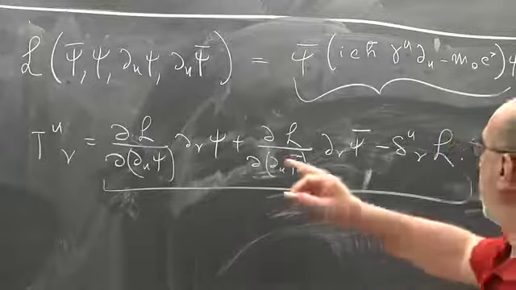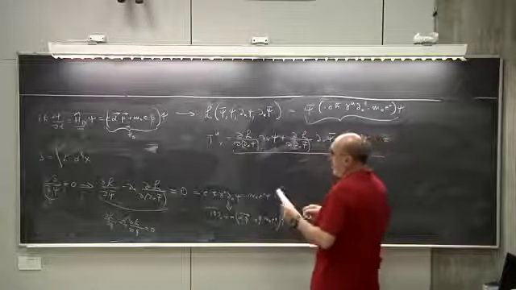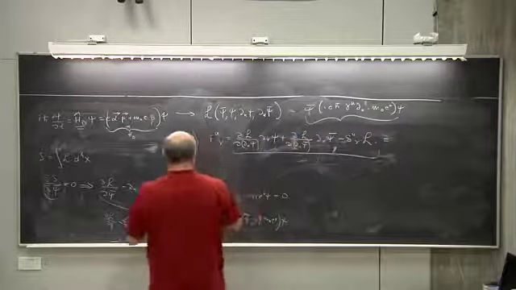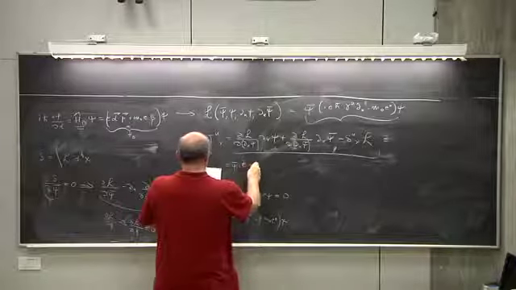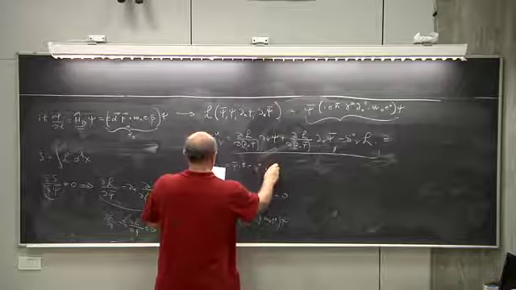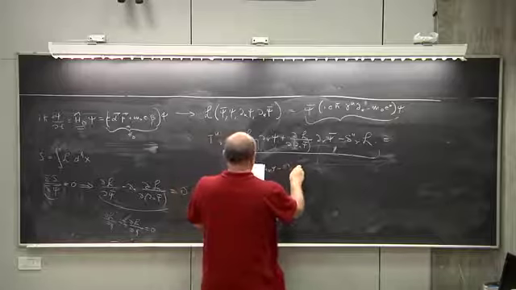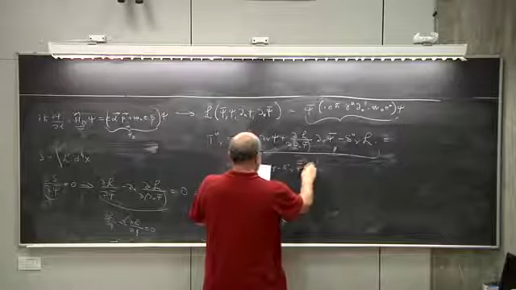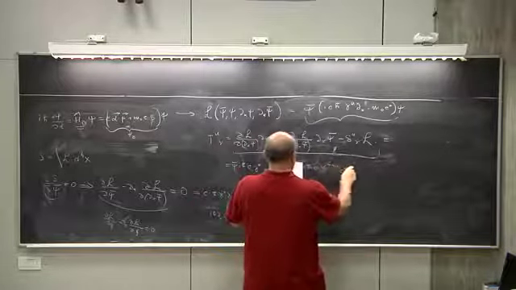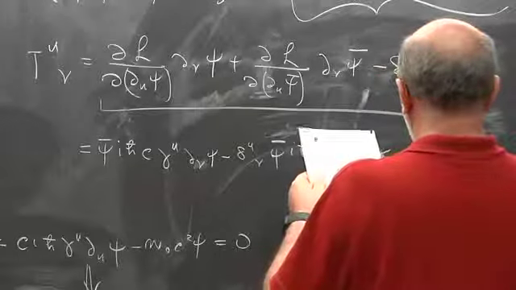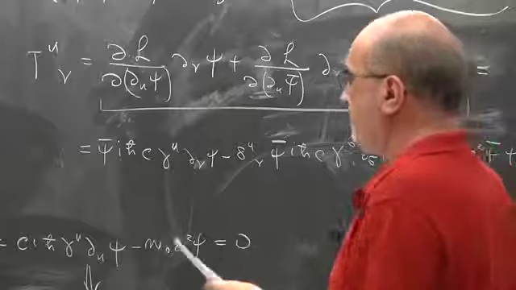Well, if you work out these, do the derivative and so on, I don't want to work it out here, but what you get is the following expression: psi bar i h-bar c gamma mu d_nu psi minus delta mu nu psi bar i h-bar c gamma sigma d_sigma psi plus delta mu nu m0 c squared psi bar psi.